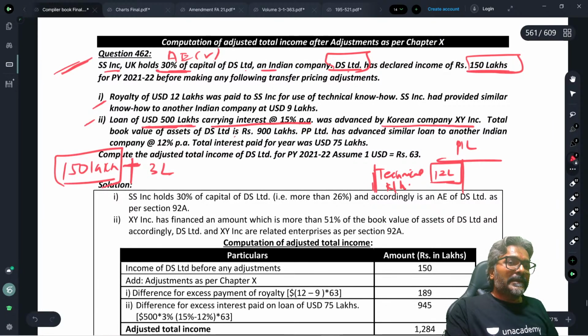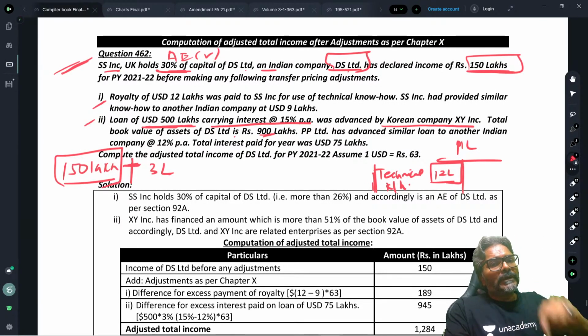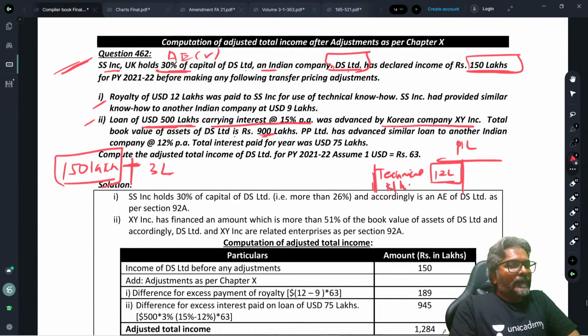Total book value of the asset is 900. How much is the percentage of loan to the book value of the asset? Is it more than 50%?